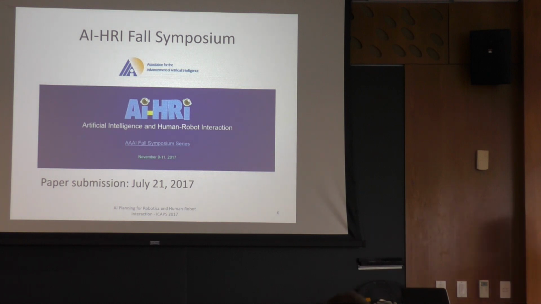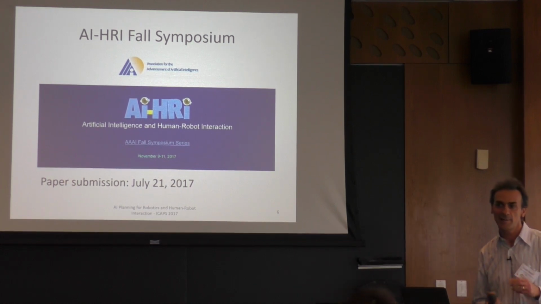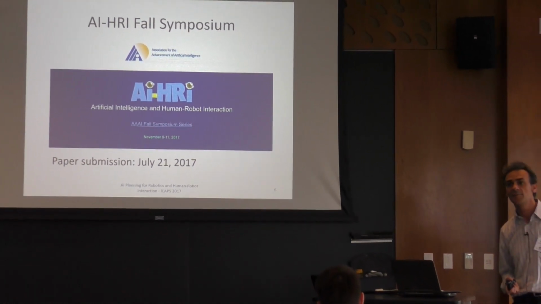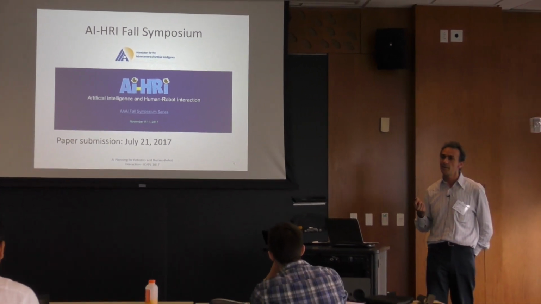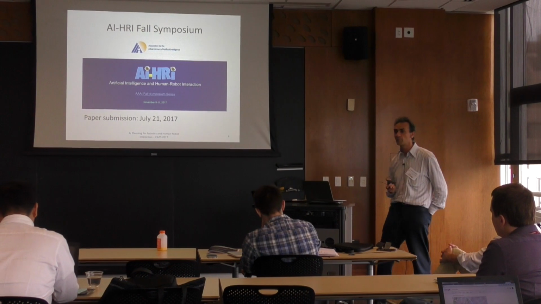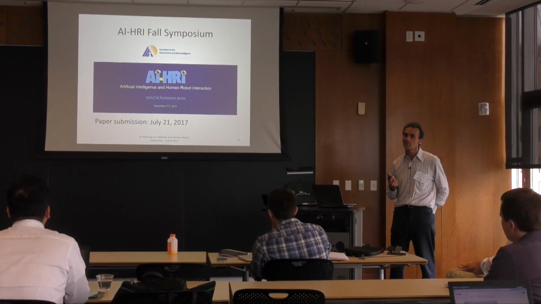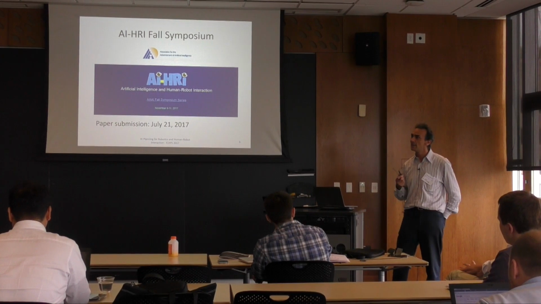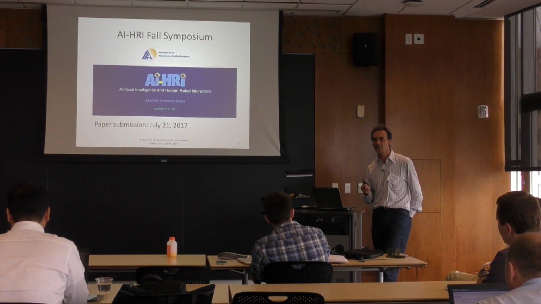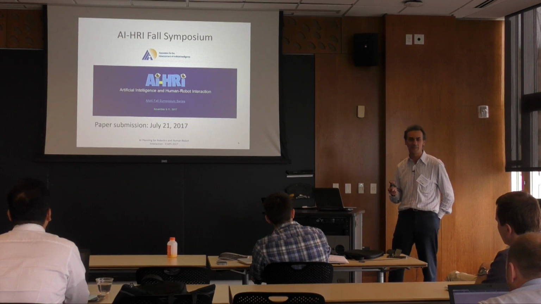Well, this is something that's probably interesting for people who are here. HRI is a discipline in which we believe that AI in general, and of course planning in particular, is very relevant, because when a system, and a robot in particular, has to interact with humans, many assumptions that you make in robot-environment interaction are not acceptable in robot-human interaction.